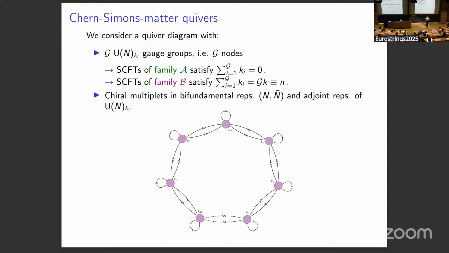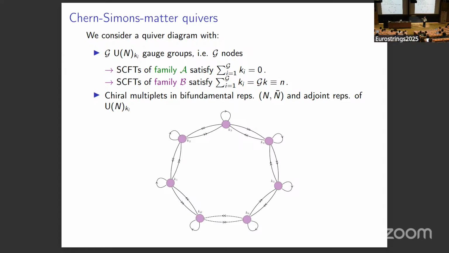Because I will be focusing on the string theory side, let me just give a brief overview of the classes of SCFTs that we will consider in a very schematic way, okay? The schematic way I will use is the language of quivers, and we saw a bit of this earlier. I will do it a bit more simply, and I will just consider a very general class of U(N) gauge groups, each having a Chern-Simons level k_i, and I will denote each gauge group with a node in my quiver.